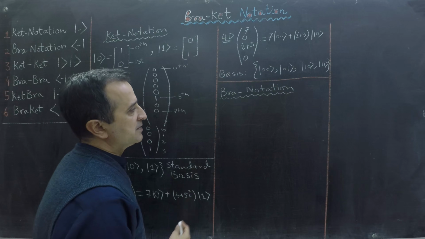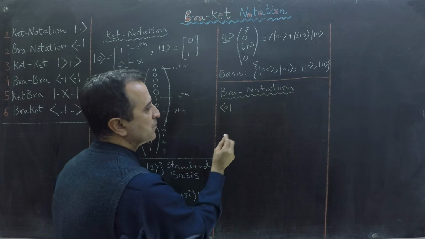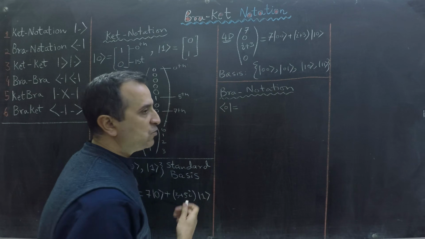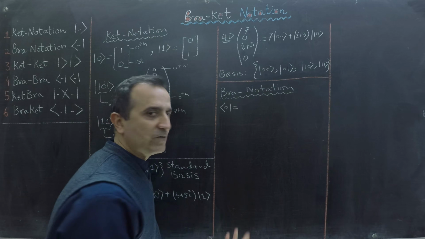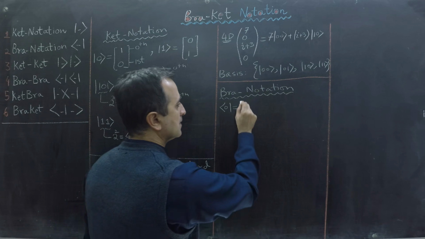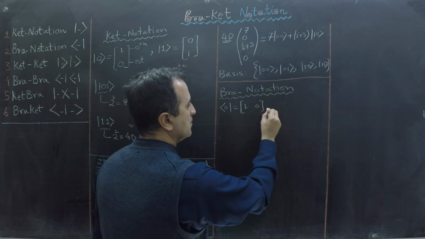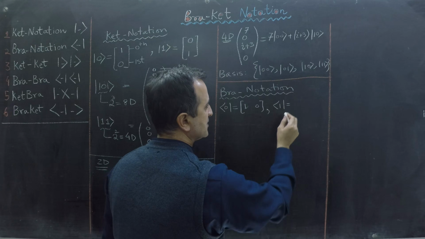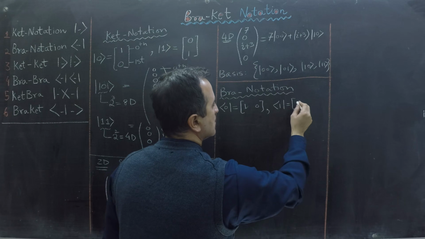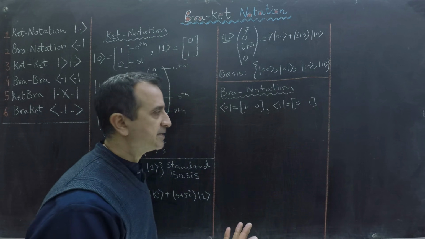Similar to the Ket notation, Bra0 is a 2-dimensional row vector whose 0th location has 1 in it, and Bra1 is a 2-dimensional row vector whose first location has 1 in it. Very simple and straightforward.